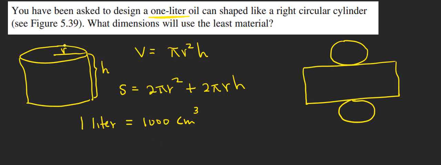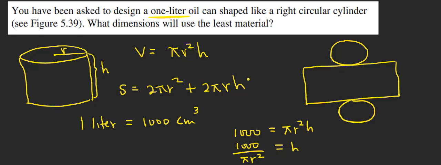So the volume of this right circular cylinder is going to be 1,000 centimeter cube equals pi r squared h. So therefore, we could say that h is 1,000 over pi r squared.